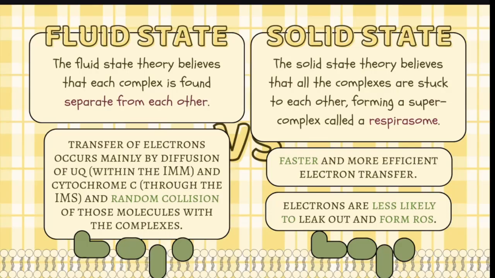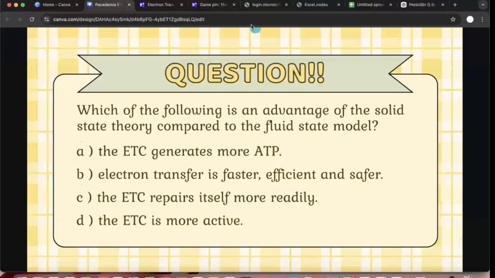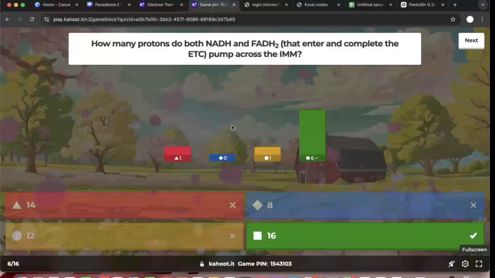So this results in a faster electron transfer and it's more efficient. It also means electrons are less likely to leak out and form reactive oxygen species. Why? Because all the complexes are concentrated in one small area. They're not spaced far apart. So that's the main point of each theory. We can go back and you guys can answer.